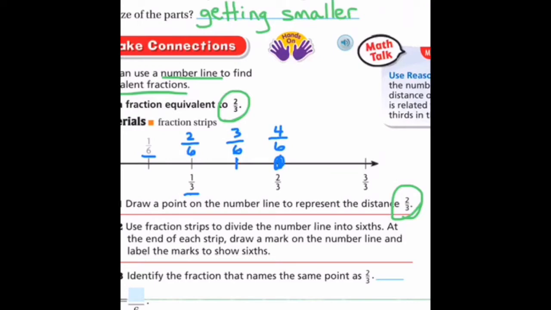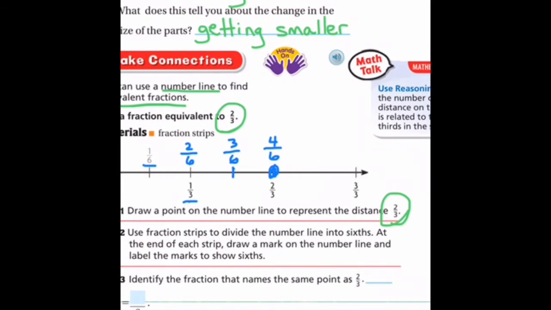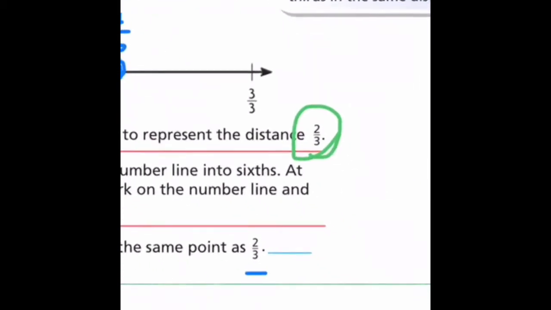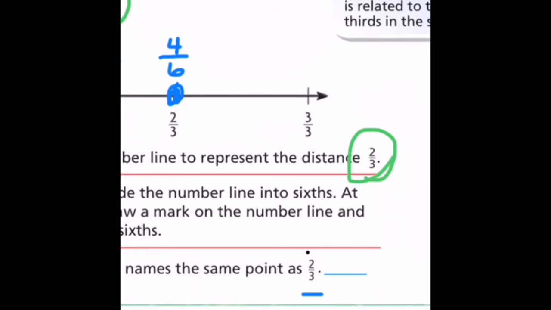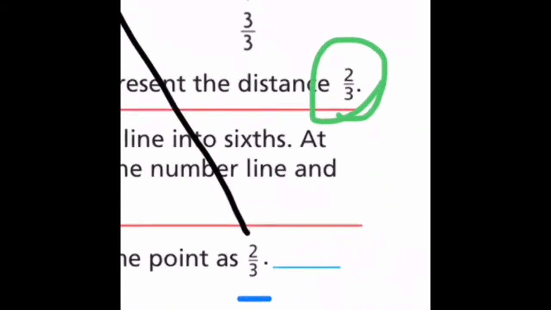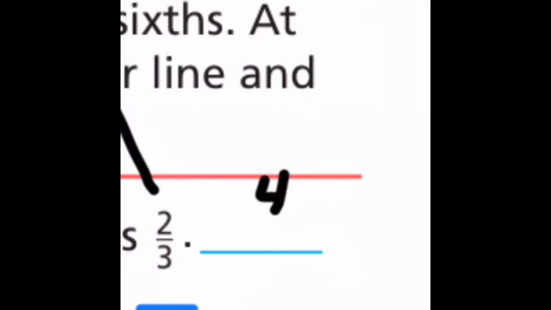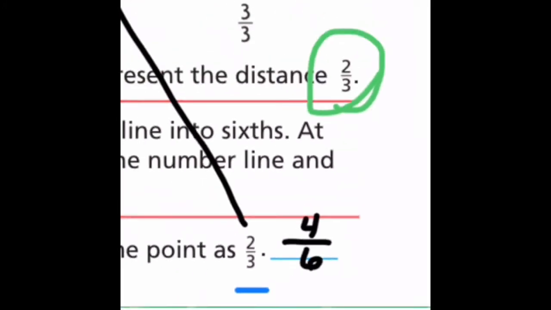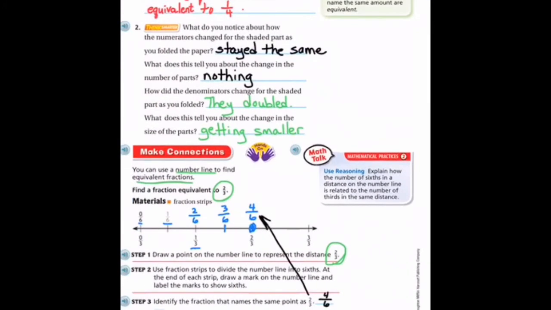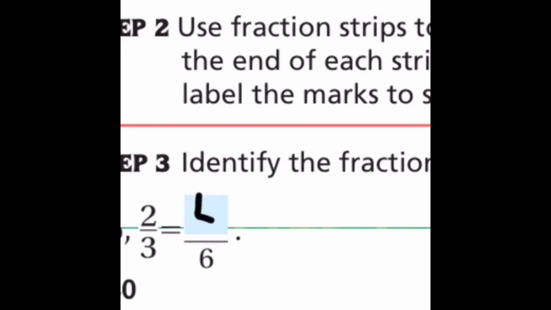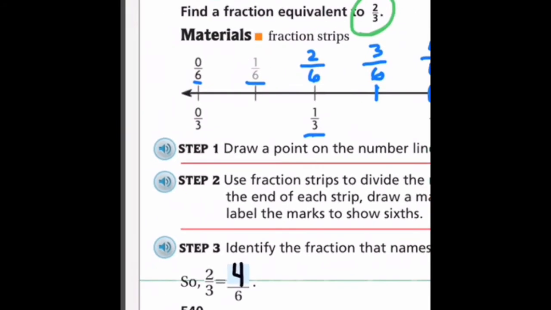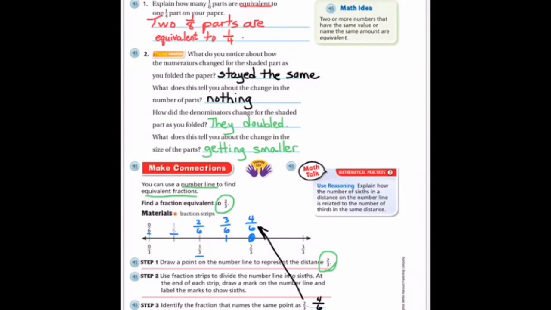So we can identify the fraction that names the same point as 2/3, and that is right up there, 4/6. 4/6 is the same as 2/3. So 2/3 equals 4/6. They are equivalent. Okay, they show the same amount.